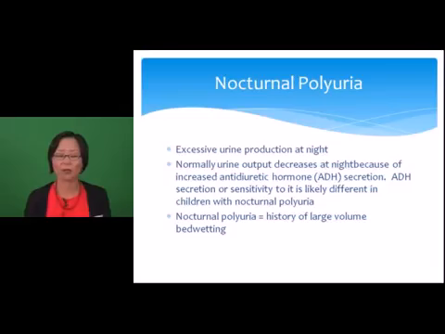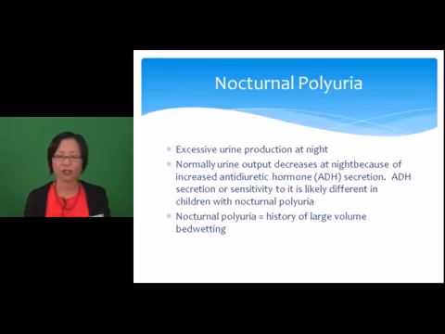Another cause for monosymptomatic enuresis is nocturnal polyuria. This is excessive urine production at night. Normally, urine output decreases at night because we have increased antidiuretic hormone secretion. It's likely that ADH decreased secretion or sensitivity to it is different in children with nocturnal polyuria.